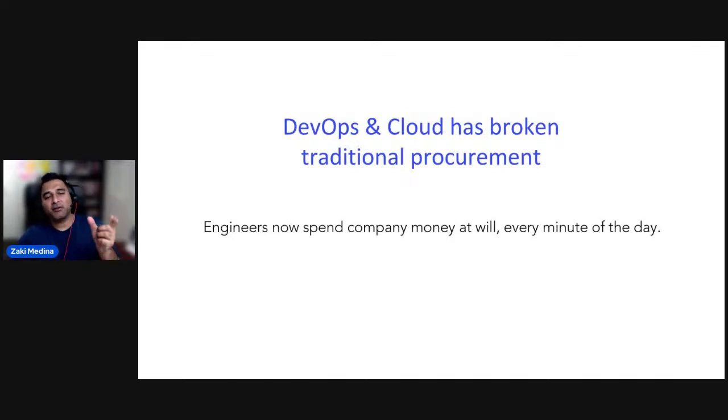Then combining those together with cloud, basically we've given engineers a free rein, no constraints to get to resources. And as a result, these things really broke traditional procurement channels within technology in the last few years, right? It has completely transformed the way IT has been procured.